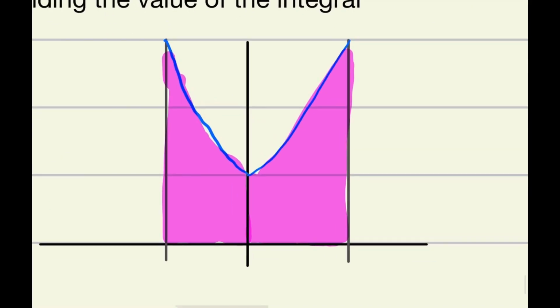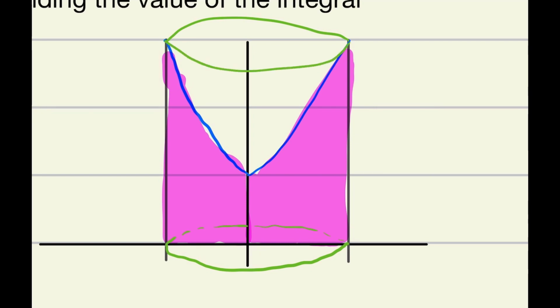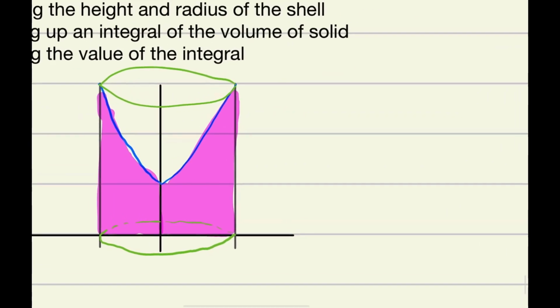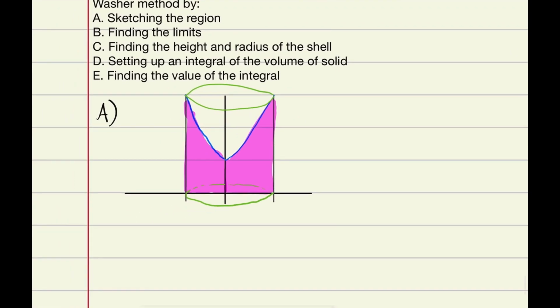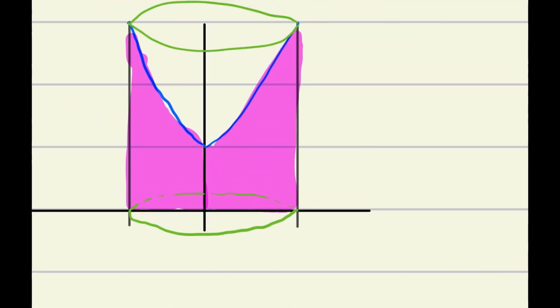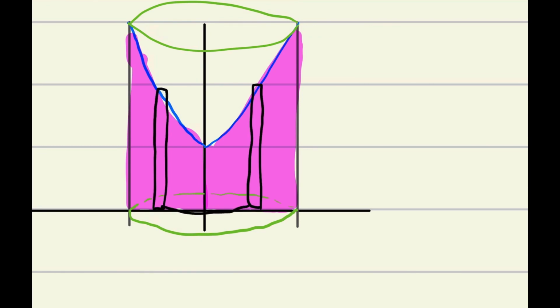And we can show that it's been rotated by giving it some 3D details, showing that it's a cylinder in shape now. So now we can say we want to find a random rectangle, say just about there, and when we rotate this, it looks something like that.